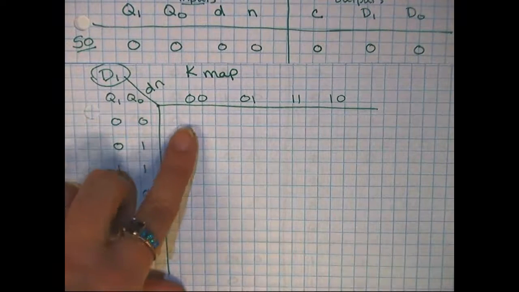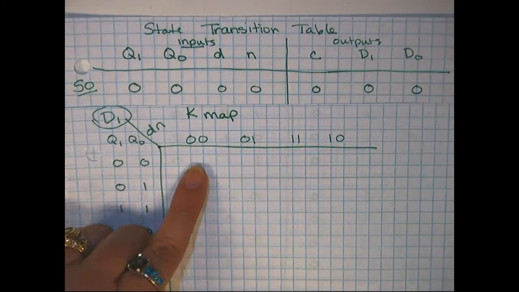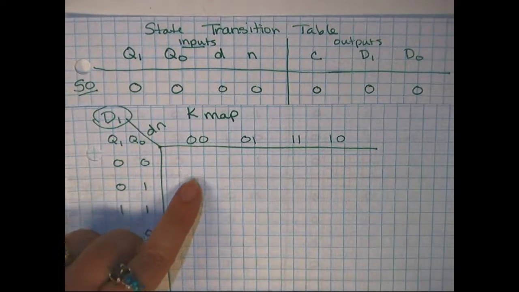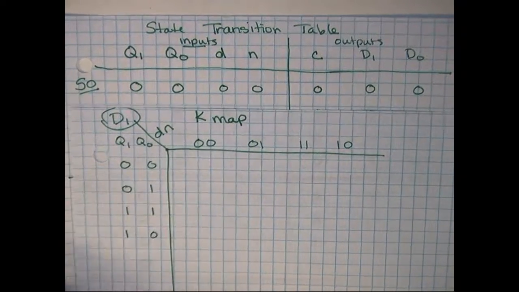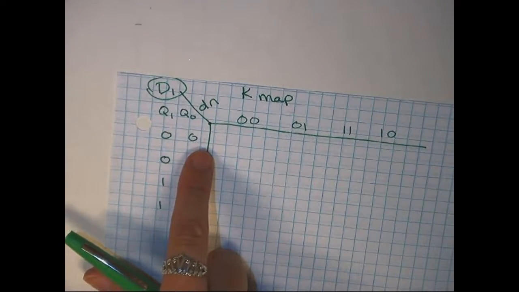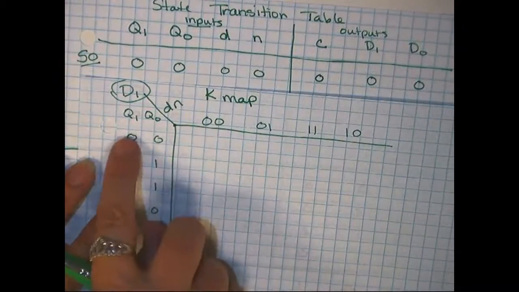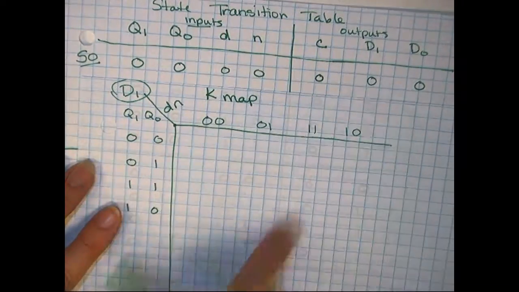Now I'm going to put my state transition table here so I can look at each line. This first square here is the first line of our state transition table, and I'm looking for what D1 is when I have 0, 0, 0, 0.